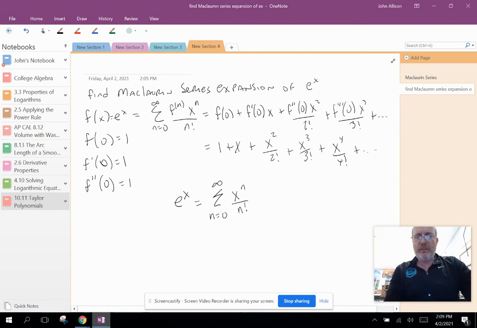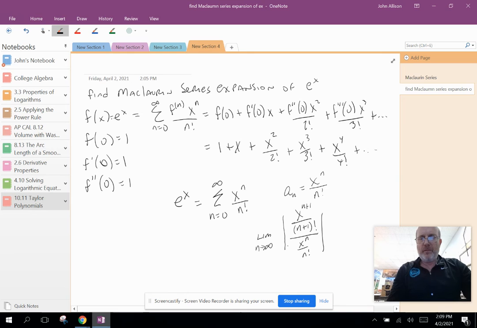For any value of x, if a sub n is equal to x to the n over n factorial, then the ratio test says that the limit as n goes to infinity of the n plus first term, a sub n plus 1, which is x to the n plus 1 over n plus 1 factorial, over a sub n, which is x to the n over n factorial, we're looking for the absolute value.